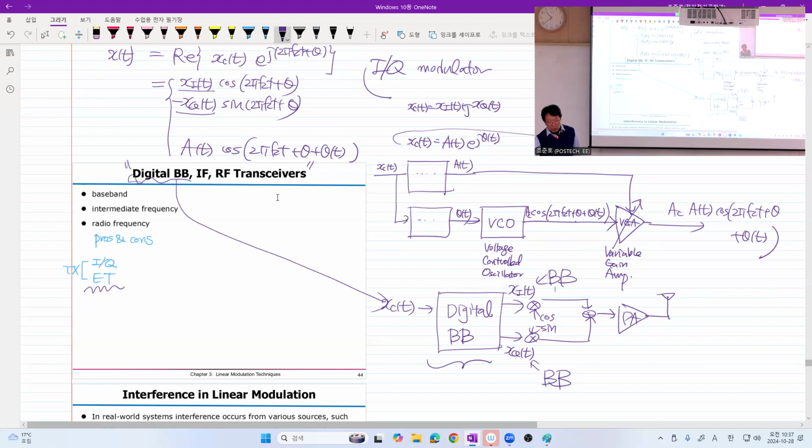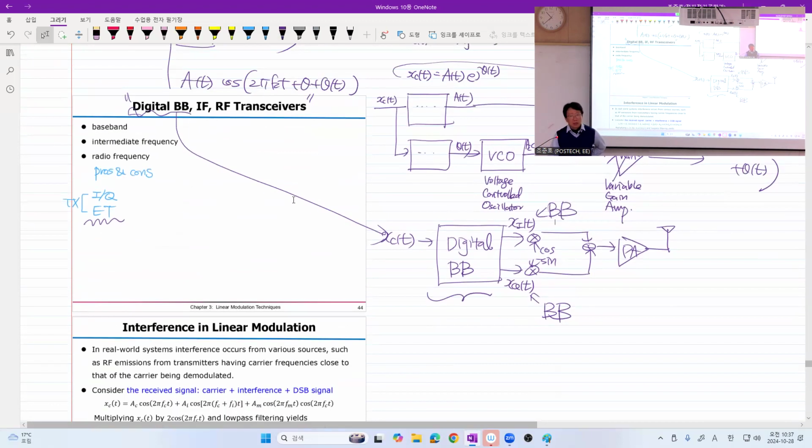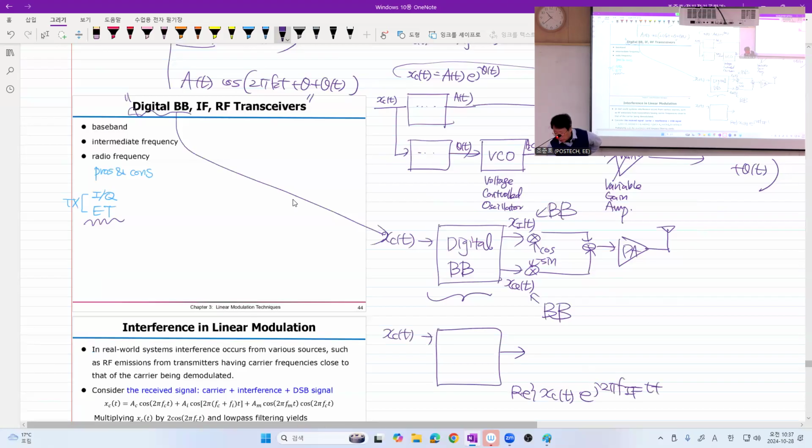What about digital IF? This is actually related to heterodyning. So what we do is that we have a single output. Now this output is the real part of this one. See that? This is not f_c, but some f_IF, possibly lower than your desired carrier frequency f_c. Okay?